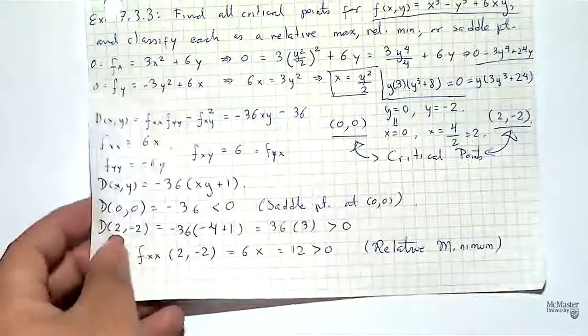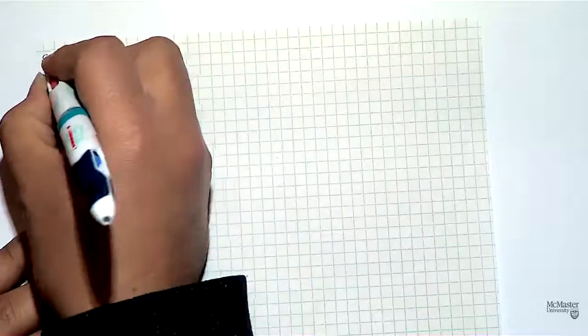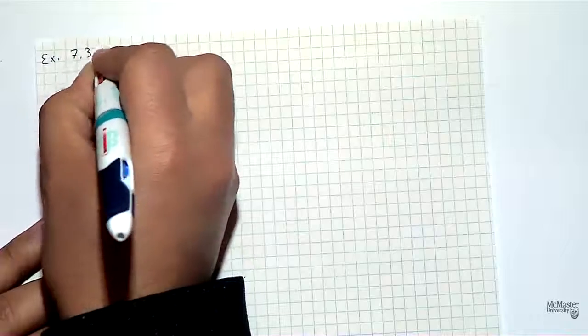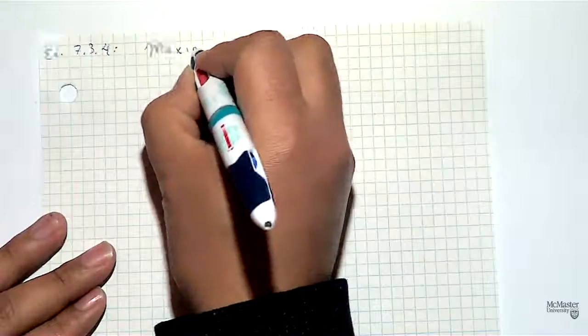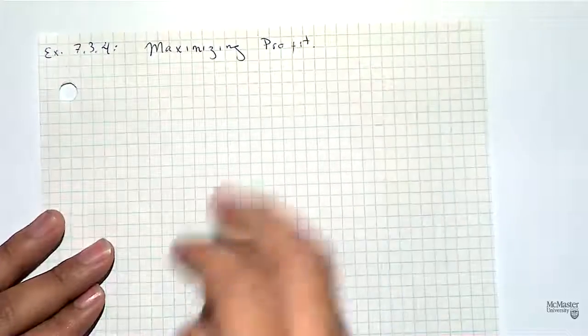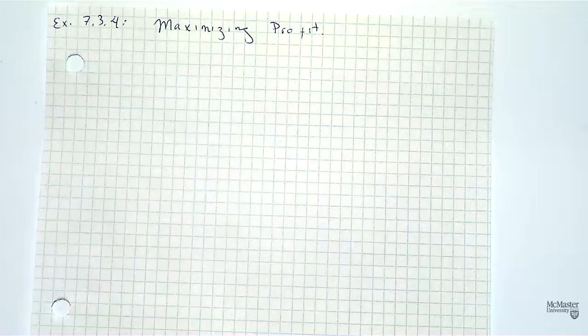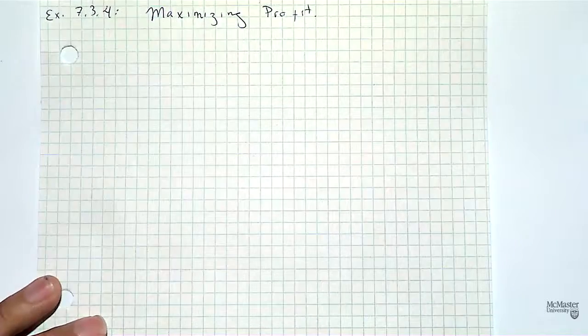I will need a new sheet of paper. Now we're going to use what we have learned to work on a business problem. The problem will be related to maximizing profit. The description is a little bit long, so bear with me, but the problem is interesting, even from the business point of view.